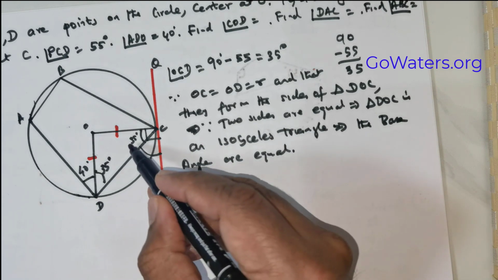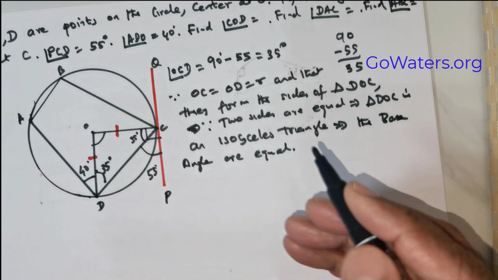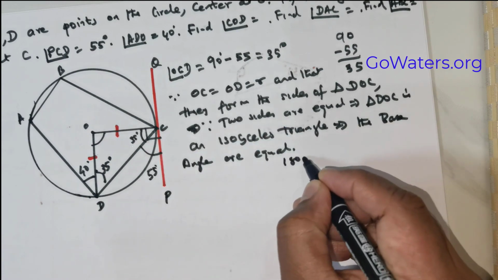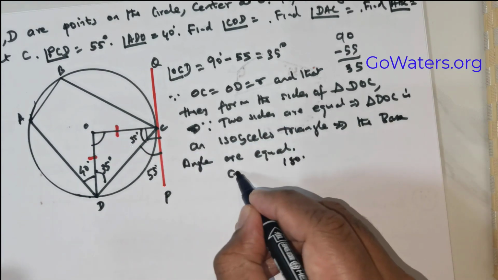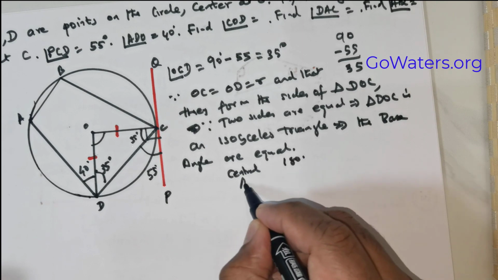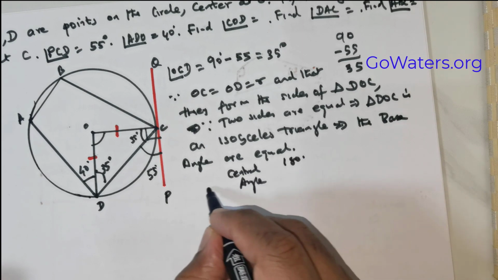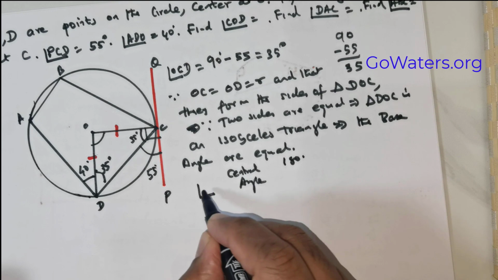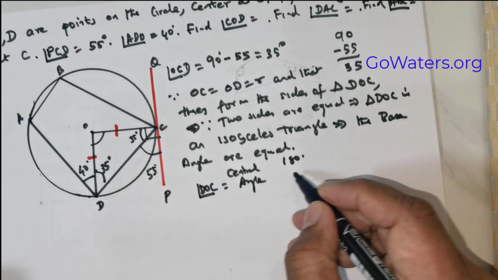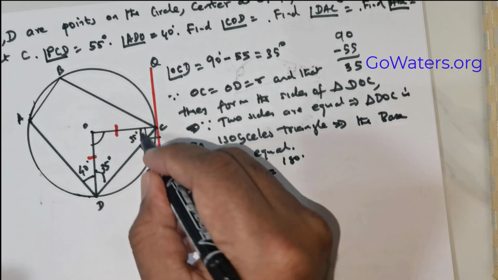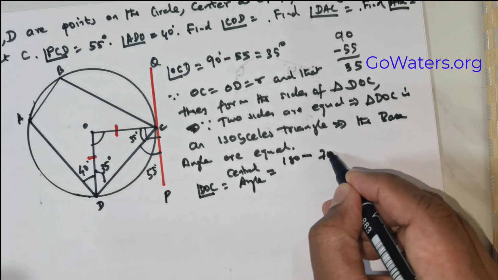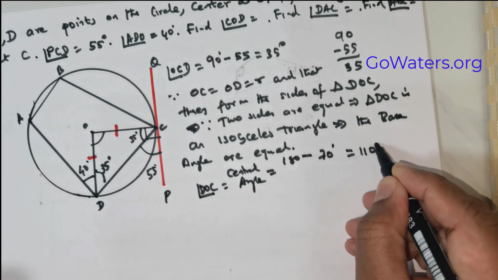Now this is 35, this is 35. We need to know this angle. So from 180, we are talking about the central angle, DOC. DOC is the central angle, which is equal to 180 minus 70, which is 110 degrees.